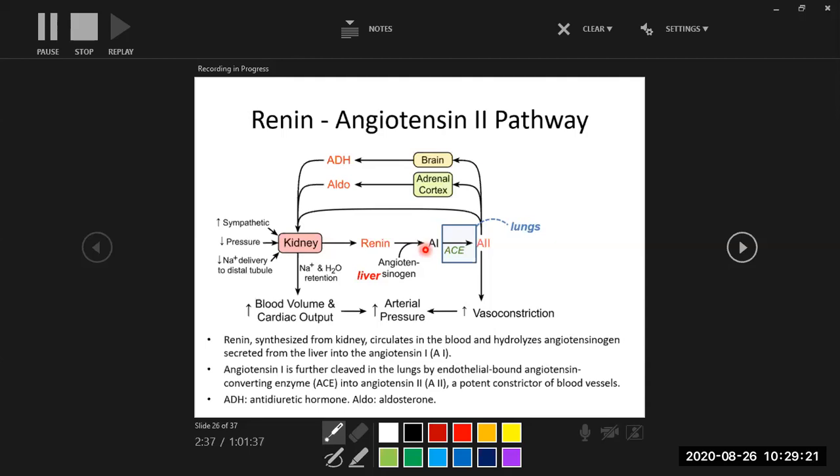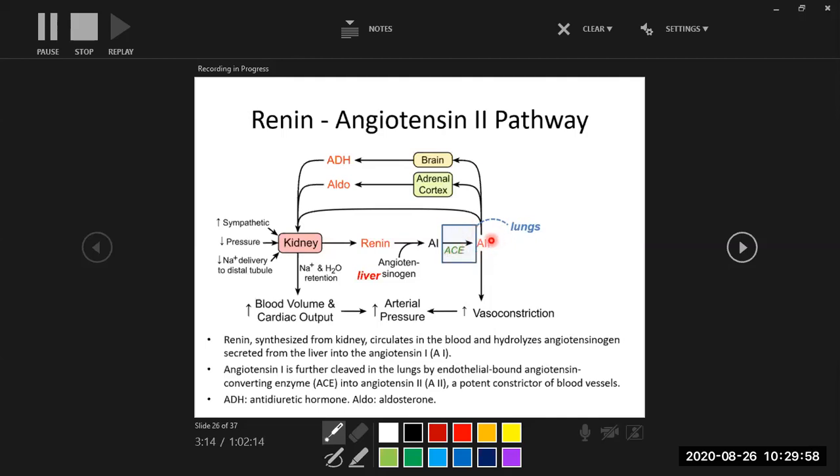When it flows into the pulmonary circulation, you see there is an enzyme called ACE, angiotensin converting enzyme. This enzyme is located in the lung, in the pulmonary circulation, and in the epithelium cell. When angiotensin 1 sees that, it will be converted to angiotensin 2.